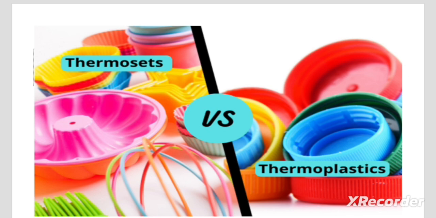Thermosoftening plastics can be recycled from waste, but thermosetting plastics cannot be recycled. In thermosoftening plastics, shapes can be changed any number of times by heat or pressure application, but in thermosetting plastics, once the shape is given in the mold, reshaping is not possible.